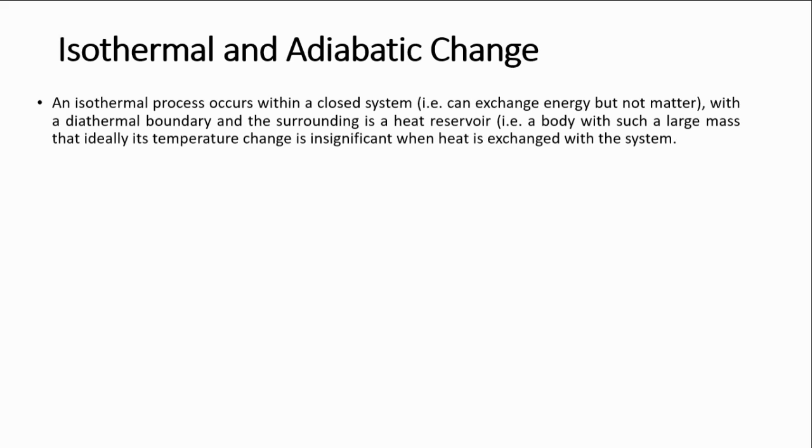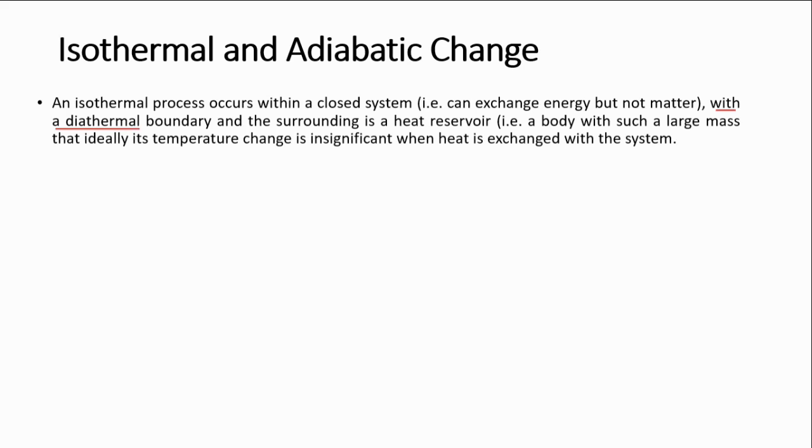Isothermal, therefore, means same temperature or constant temperature. Alright? Now, an isothermal process occurs within a closed system. That is, it can exchange energy but not matter with its surroundings. And of course, earlier we defined what a closed system is.